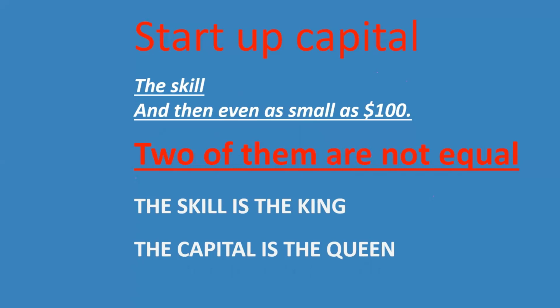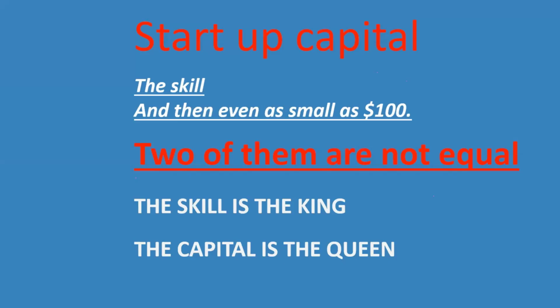If you don't have the skill, you will not be making anything. Just like being a medical doctor, if you didn't get the skill of a medical doctor and you are not a practitioner and expert in that skill, nobody will employ you. No hospital is willing to employ you and pay you a higher amount. So the skill is the king.